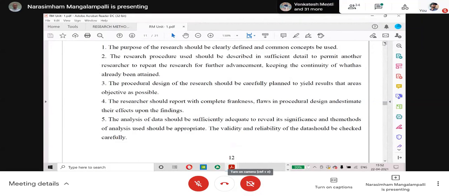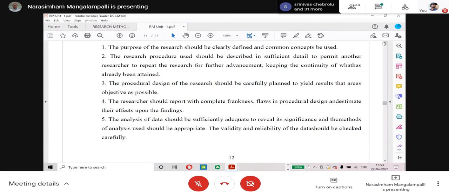The purpose of research should be clearly defined and common concepts be used. The research procedure used should be described in sufficient detail to permit another researcher to repeat the research for further advancement, keeping the continuity of what has already been attained.